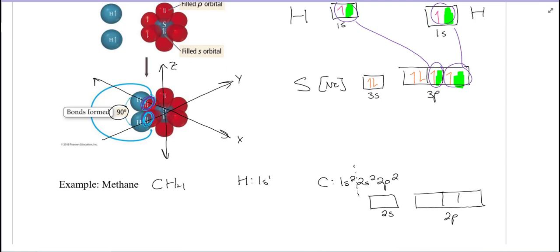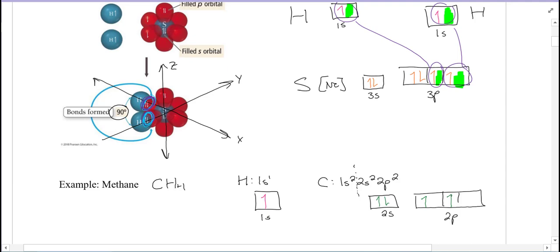Of course, hydrogen has its one electron like it did before. There's four of these, so there's four H that can pair up. And carbon has up, down, up, up.